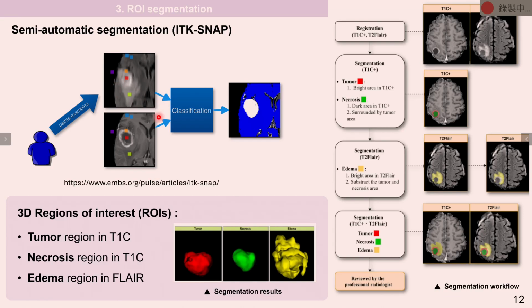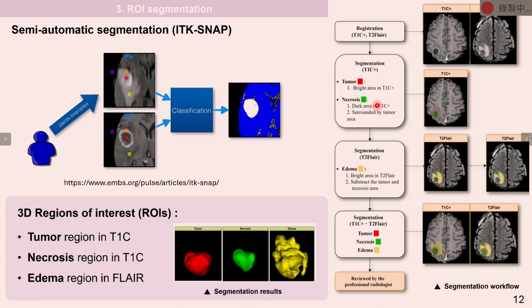And within this method, we segment 3 regions of interest, including tumor and necrosis region in T1 contrast image, and edema region in FLAIR image. And the right picture is my workflow. First, we use the T1 contrast to find the bright area.